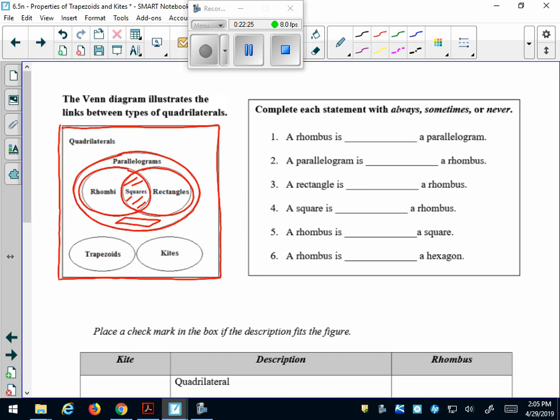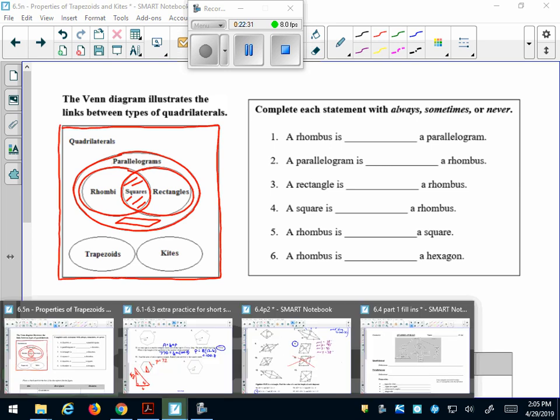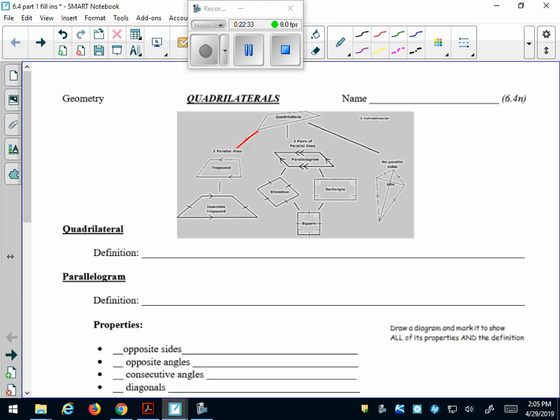Right? Trapezoids, kites, parallelograms do not intersect at all. Just like in the tree, there are 3 separate branches. You can't have a parallelogram that is also a trapezoid. You can't have a kite that is also a parallelogram. It just doesn't work. They're called mutually exclusive events.